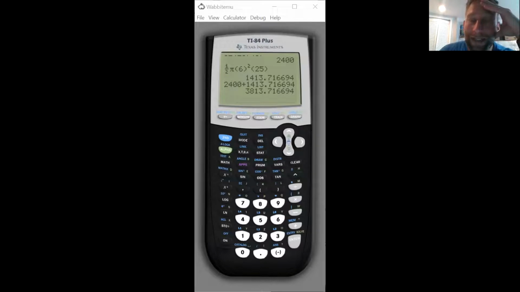Now, a very common extension of displaced volume is hollow objects. In order for us to understand hollow objects, we're going to use a very important item right now, which is very hard to get based on what's going on in the world. Roll toilet paper.